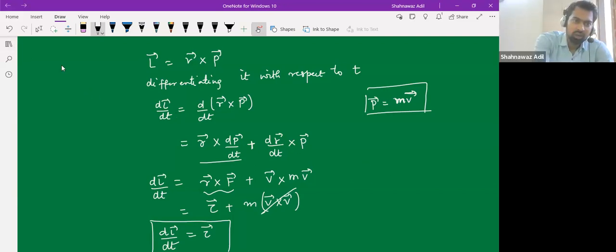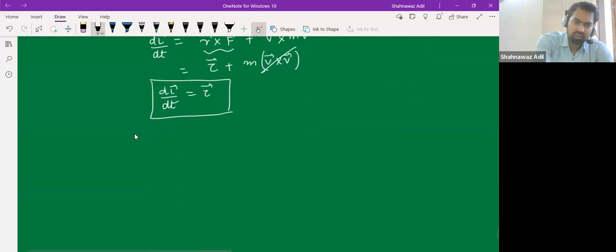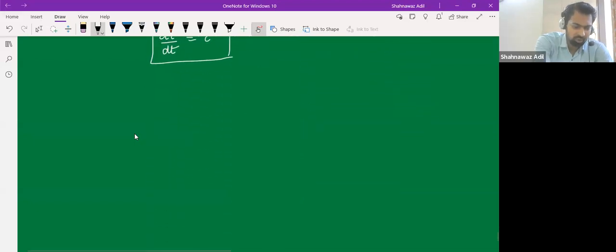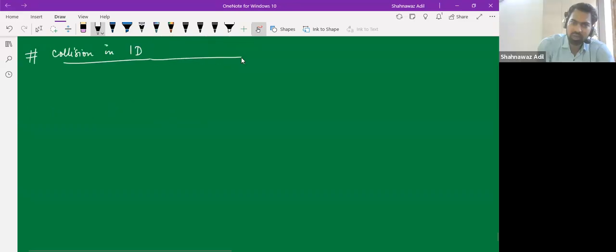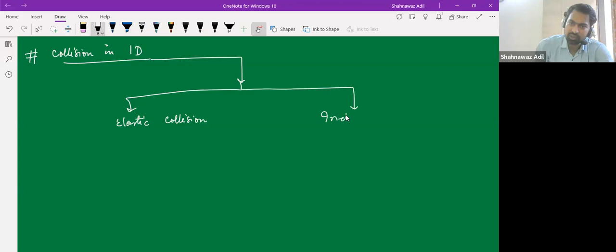In collision, what are the things you have to remember? Collision in one dimension is more important. We have to remember there are two kinds of collision: one is elastic collision, and the other is inelastic collision.